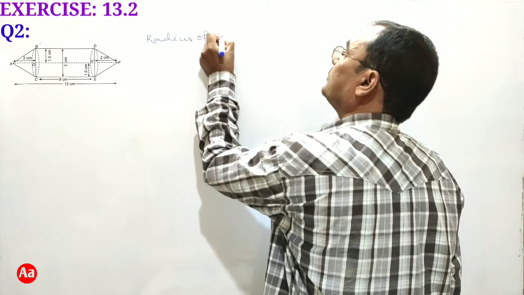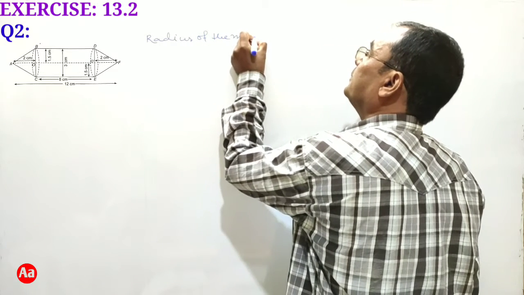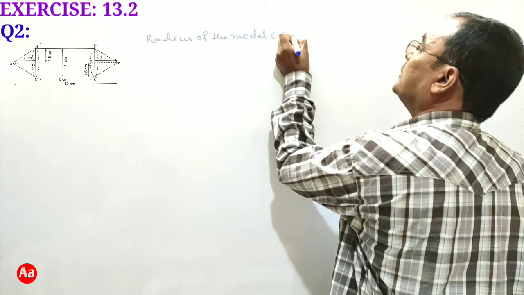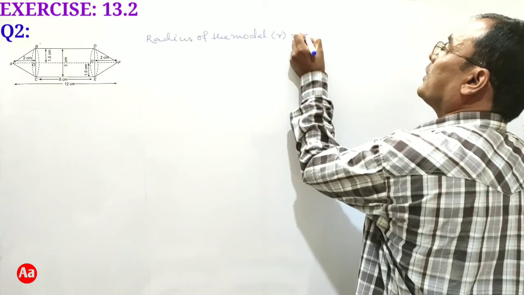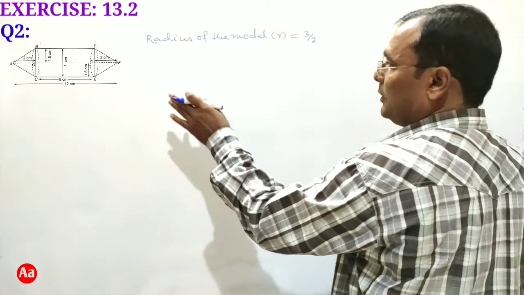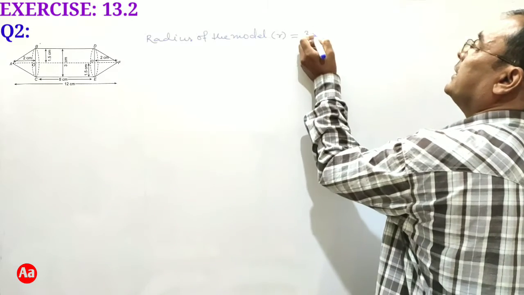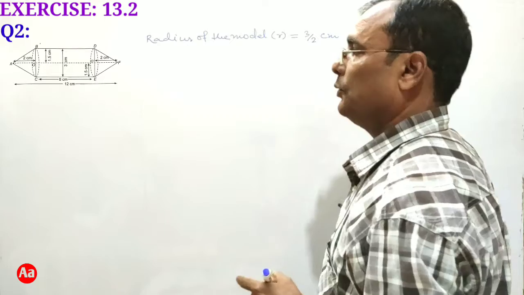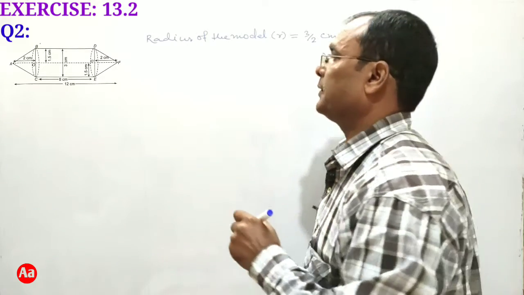We will write small r; actually diameter is given 3 centimeter, so radius, let's write 3 by 2 centimeter. You can also write 1.5 centimeter.